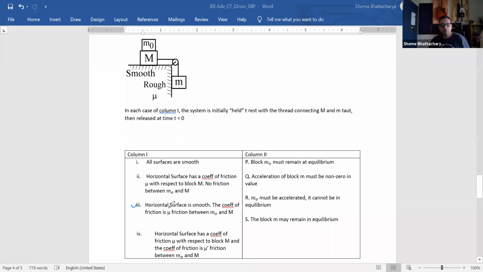So in third part, see what is happening. The horizontal surface is smooth, but there's coefficient of friction mu between the two of them. Okay, so this surface is smooth, but there is friction between these two blocks.